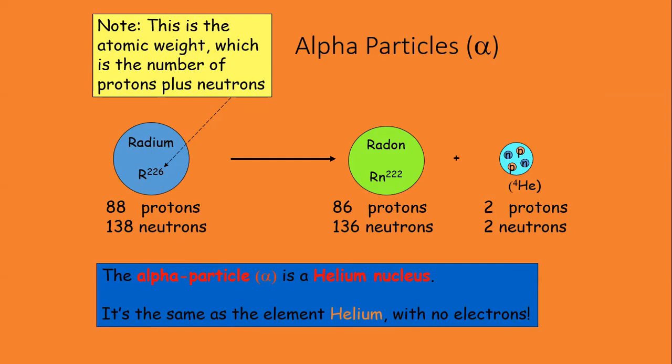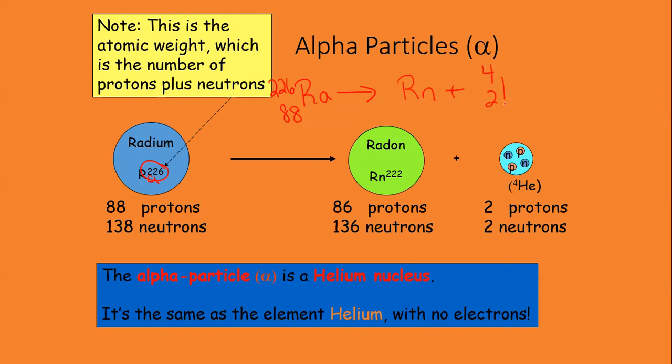Now, what's happening when an alpha particle is released? Well, remember, we said it's releasing a mass of 4, and it's releasing 2 protons, right? So it's 2 protons, 2 neutrons. Notice what happens when that happens. So let's just say we had the element radium, Ra, with a mass of 226. We want to picture this as Ra with a mass of 226 and 88 protons. When it releases an alpha particle, here's what happens.